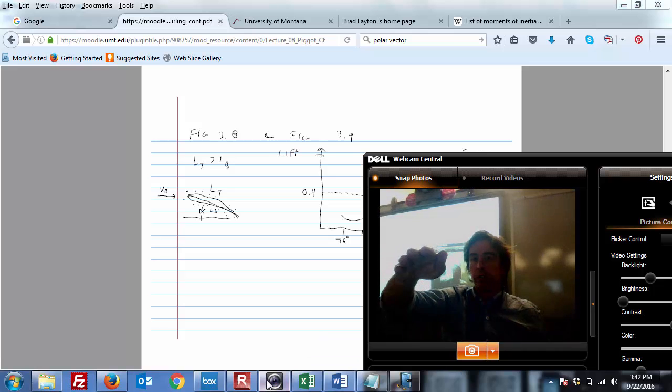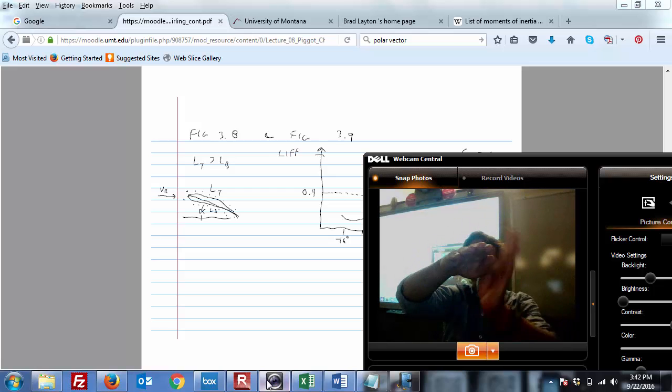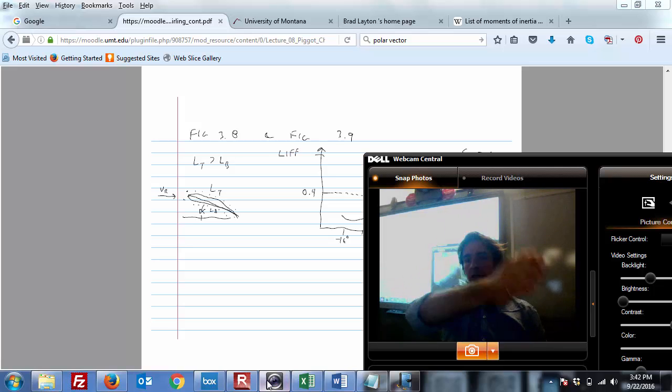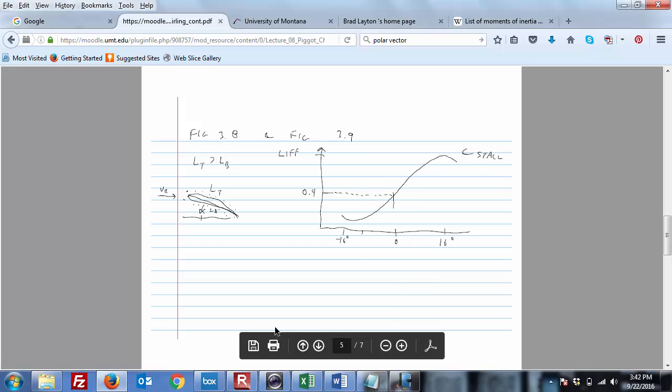If your wings are like this, yay, we're going up. It's a little more subtle than that because the wing has some shape to it. But if you tip it up too much, whoopsies, stall. So there's a sweet spot. The whole point of this graph is just showing there's some kind of sweet spot.